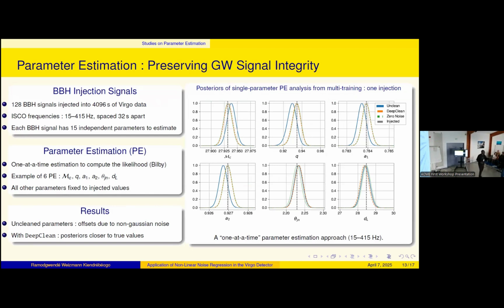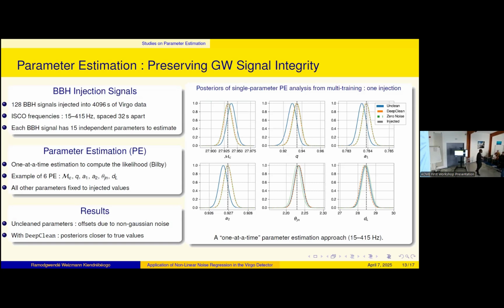That one-at-a-time process is: if we're looking for the chirp mass, we will retrieve this information by fixing all other parameters to their true values. Here, for example, for the chirp mass, the blue color is the uncleaned one, the orange one is the data after DeepClean, and the green one is the zero noise.